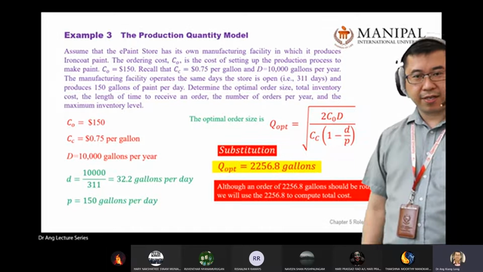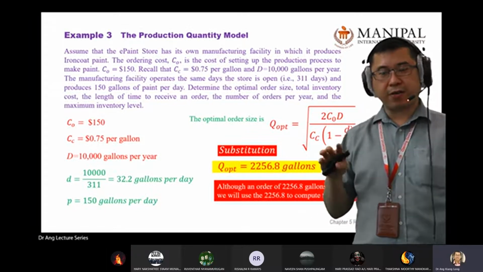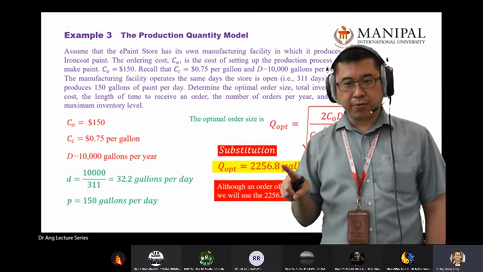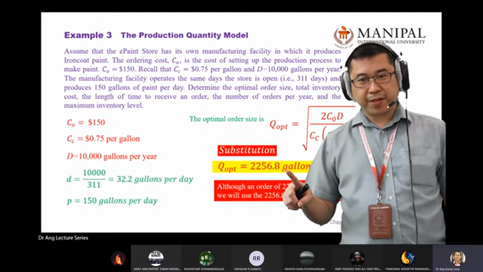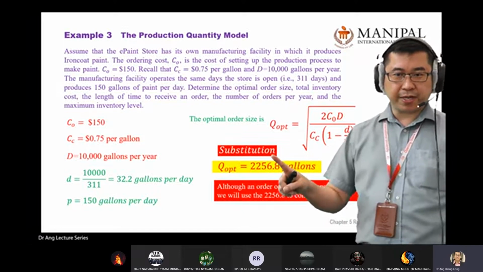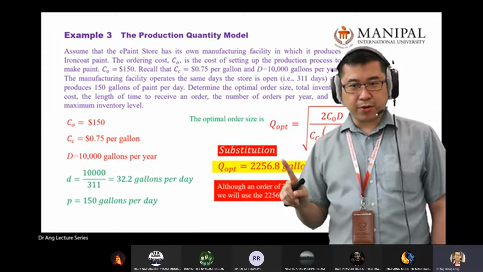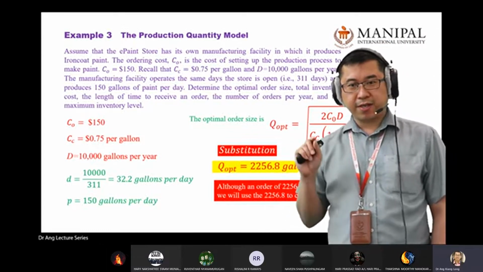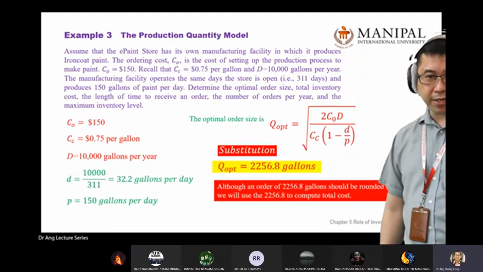If it's too rigid, your workers or subordinates will have a headache and their work will be very difficult. So to make it easier for them, and also for you to monitor, it's better you use round numbers in production.